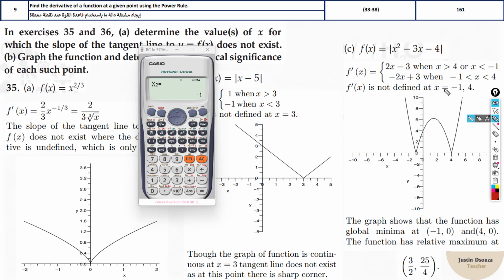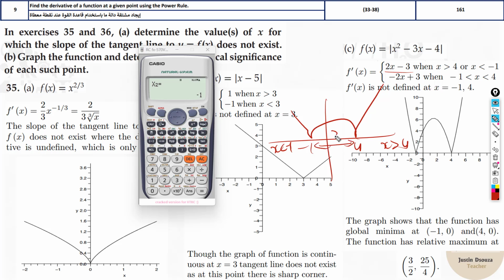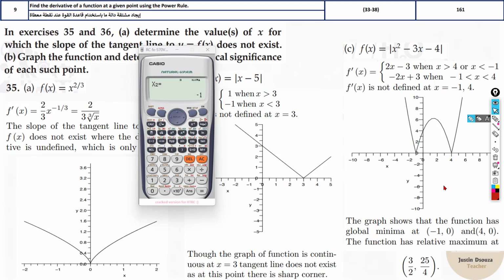See which is the lesser value: negative 1, and the bigger value is 4. So for the positive, it will be either x is greater than 4 or x is less than negative 1. The negative part is always within this range, so x must be less than 4 and greater than negative 1. I hope that is clear.